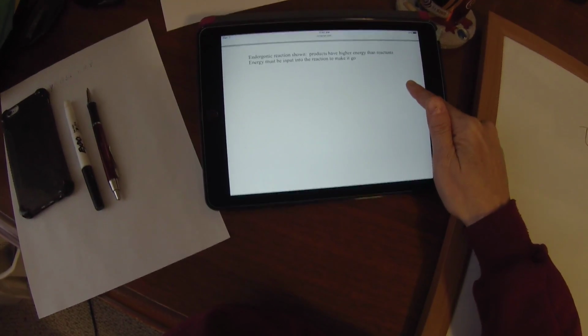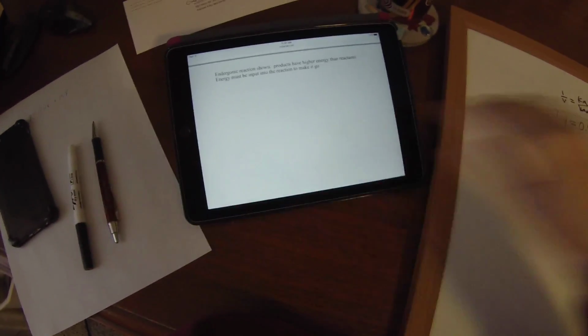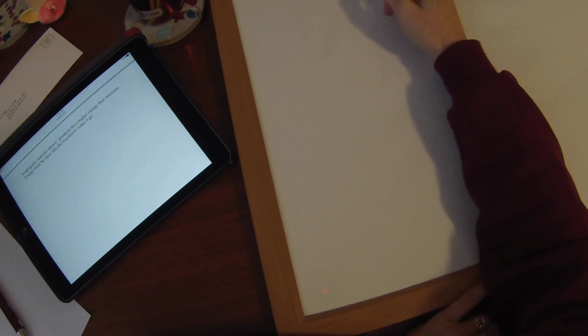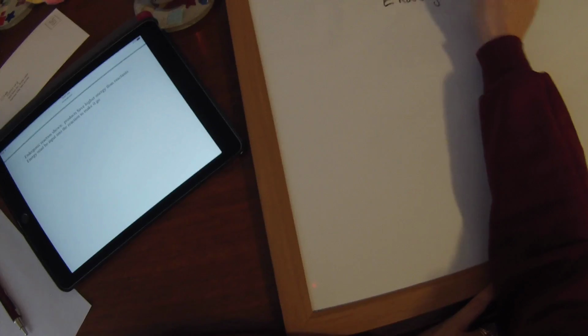Now, endergonic reactions have the same requirement of enzymes to lower the activation energy. But the difference here with endergonic reactions is that our products have more energy than our reactants.